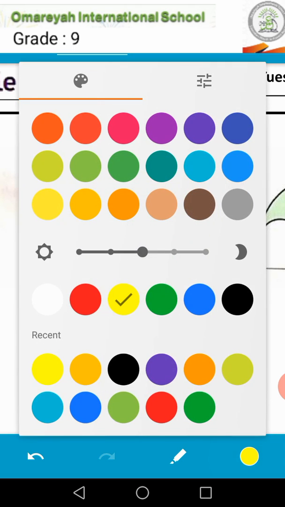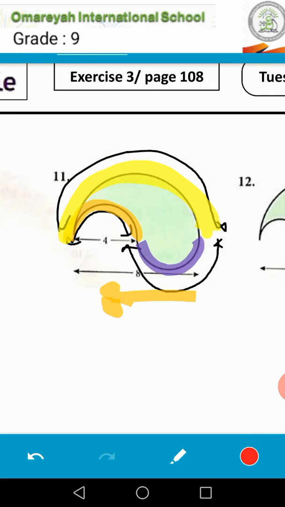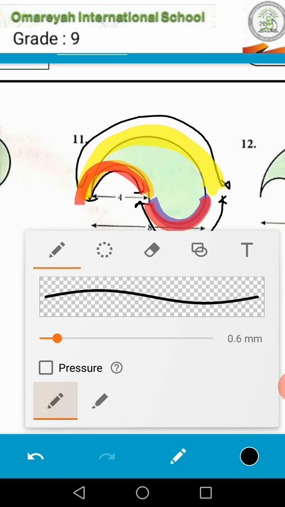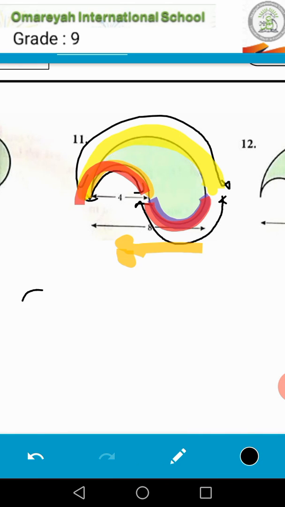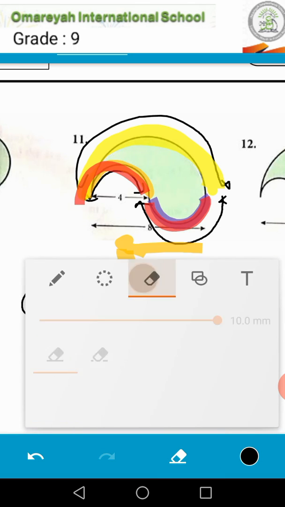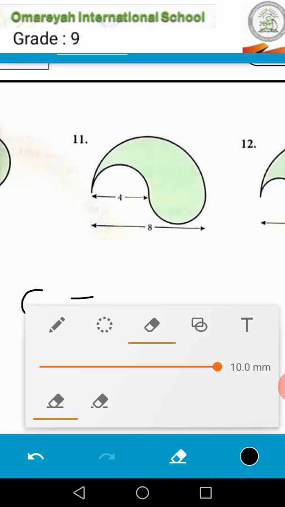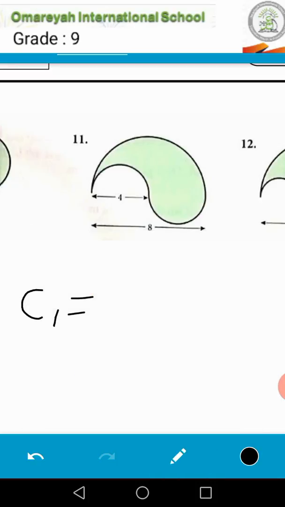Now what about this part and this part in red? These two parts make one circumference for the whole circle. So now give me the perimeter or the circumference. This is C1, we consider it the circumference. We need the circumference for the big circle, which is 2 pi r or pi times d.